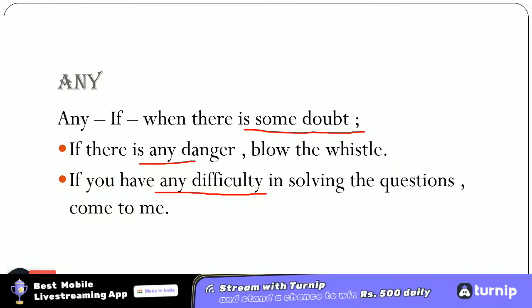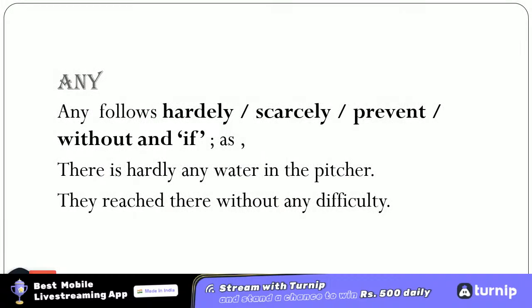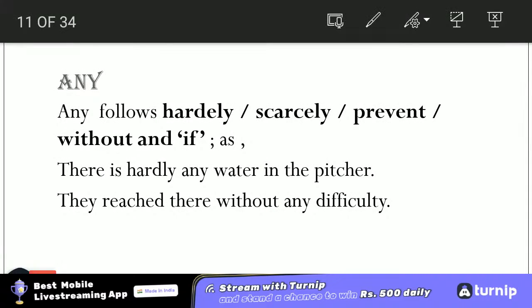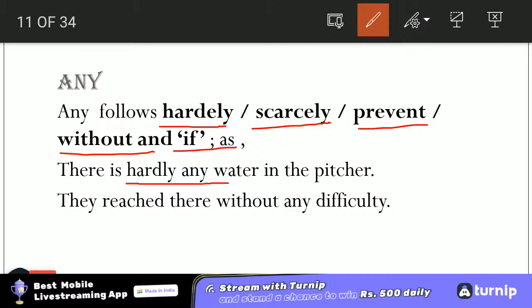Moving ahead, see, any follows hardly, scarcely, prevent, without, and if. There are certain words after which we have to write any. For example, as you can see, there is hardly any water in the picture. They reached there without any difficulty.